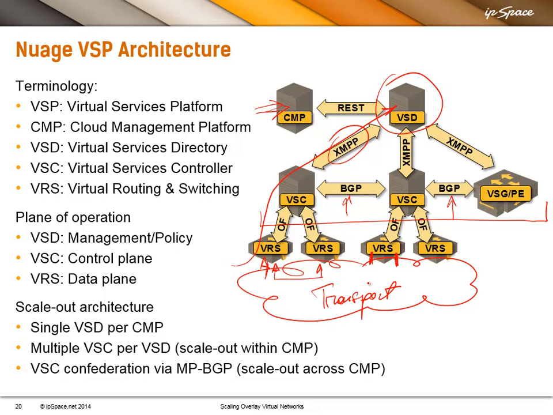We can use any IGP that is available, so all of them. So VSC becomes a regular router in the transport network, and then it uses the regular BGP next hop handling mechanism in BGP route selection process. That's correct. Perfect. Thank you for pointing this out.